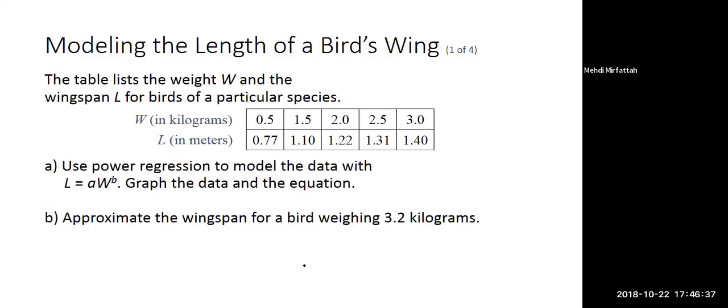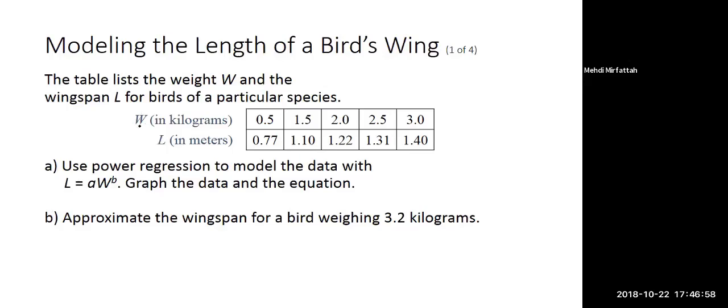Modeling the length of a bird's wing. This is a good example to actually use one of those functions that you have in your graphing calculator. The table lists the weight W and the wingspan L for birds of particular species.